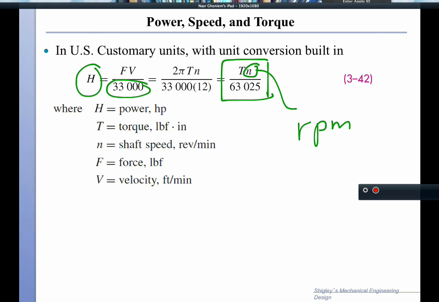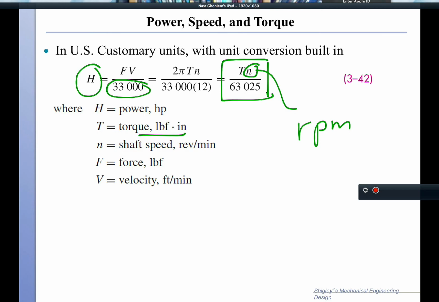T is in pound-inch, and N is in RPM, and the proportionality factor, that conversion factor, is 63,025. So this is going to help us quite a bit in converting the applied torque with the RPM.